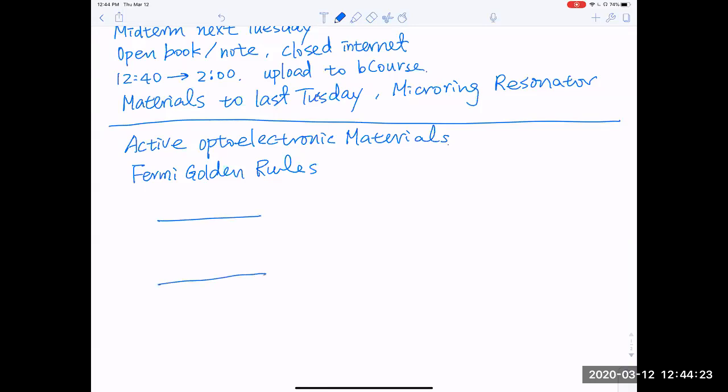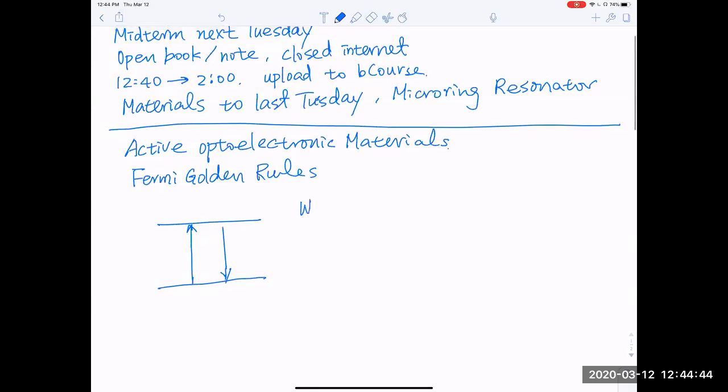And there are really two parts. One is absorption, and the other one is emission. The absorption probability is given by 2 pi divided by h bar squared, and there is a matrix element H_FI prime squared.